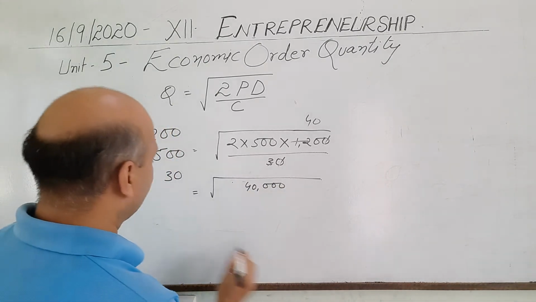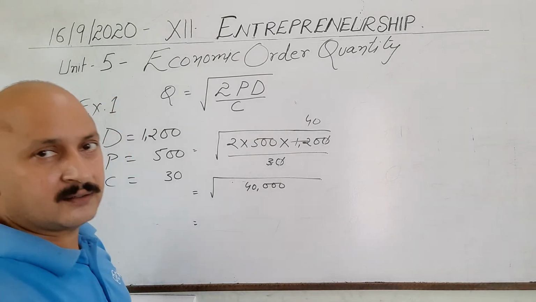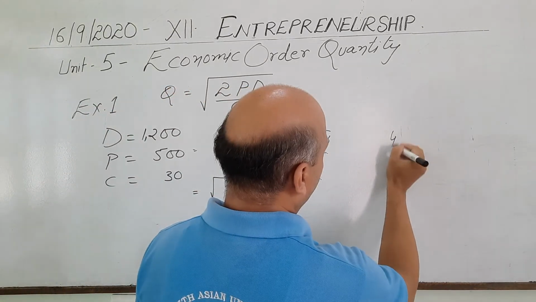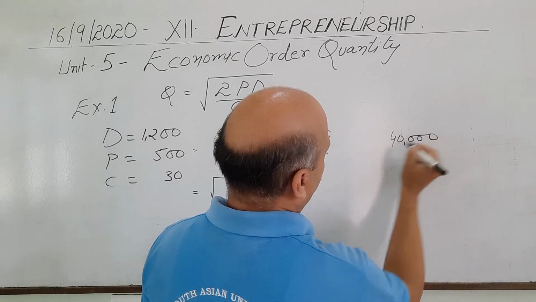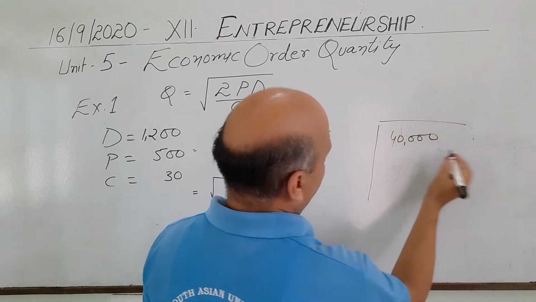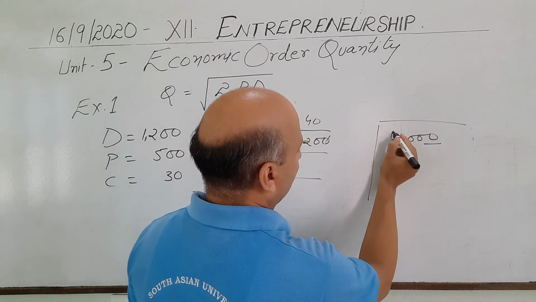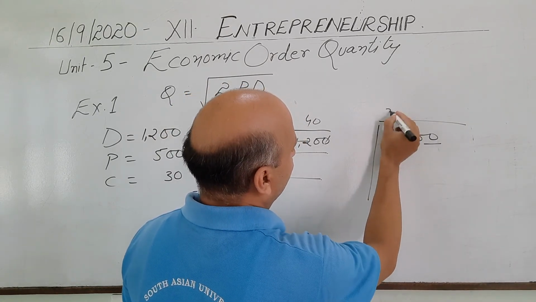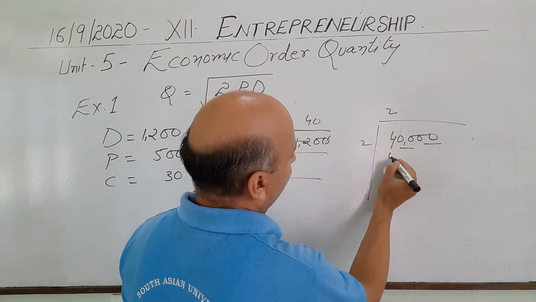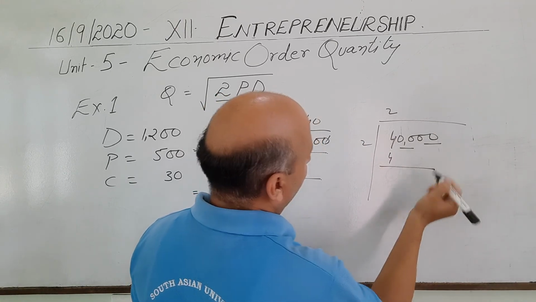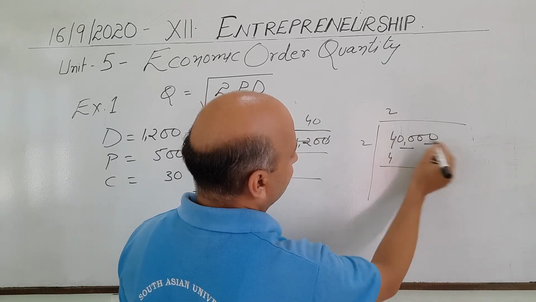Under root 40,000. Now we will calculate the under root of 40,000. We will make the groups. So only 4 is left here. 2 to the 4. And all the other numbers are 0.